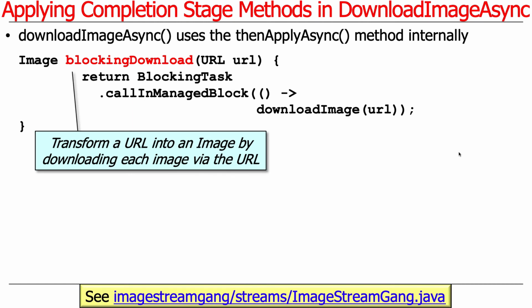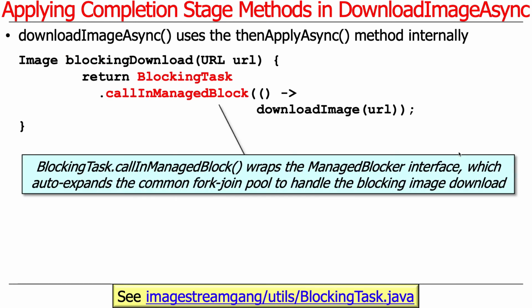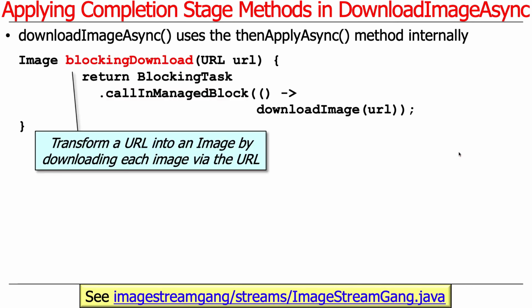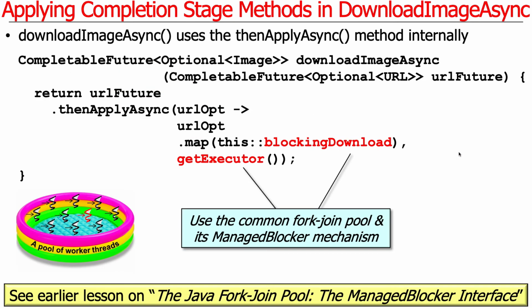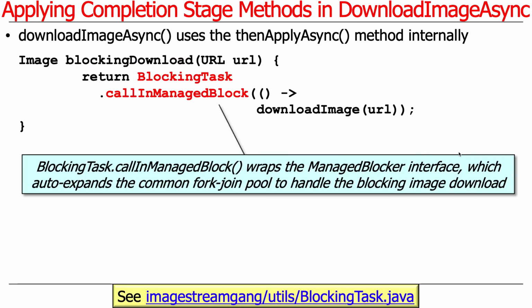So here's the blocking download method. This is the method that actually downloads the file. As you can see, it calls blockingTask.call and managedBlock. If you go back and look at what we talked about in that discussion, this wraps up the ManagedBlocker interface, which auto-expands the common fork join pool to handle the blocking image download.